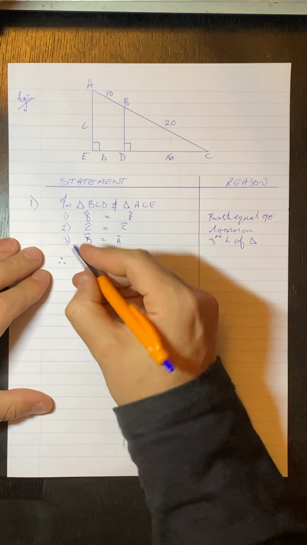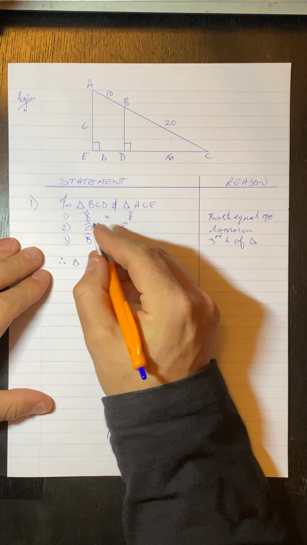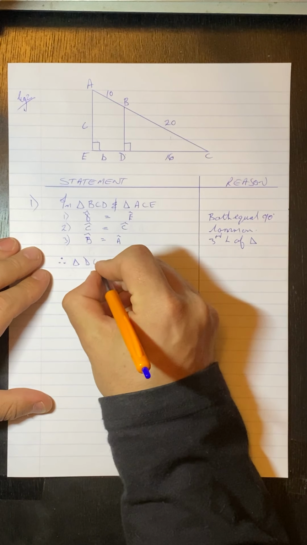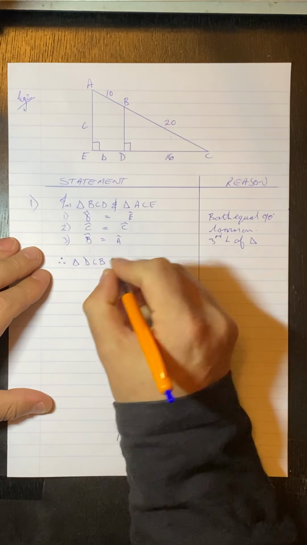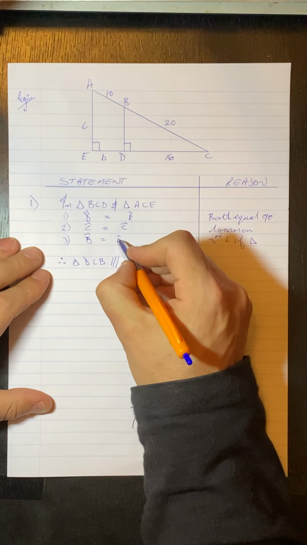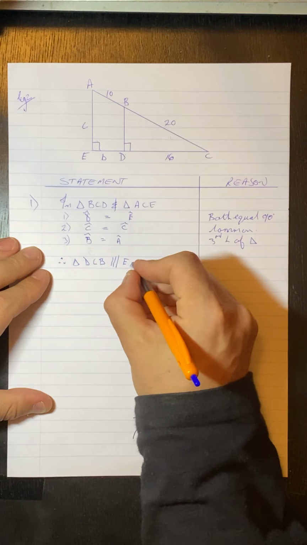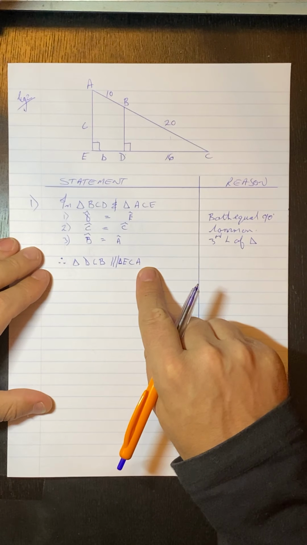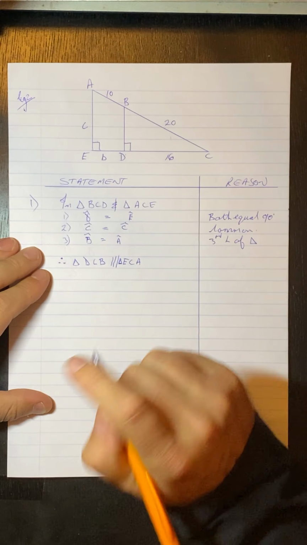So I'm going to say, therefore, triangle DCB is similar to triangle ECA. That way you will never get the order wrong. Okay, so let me repeat that.